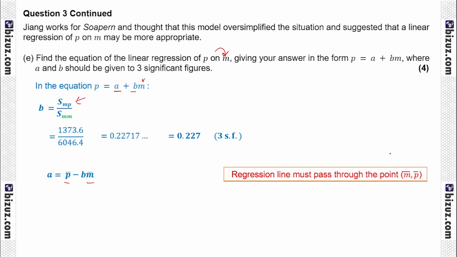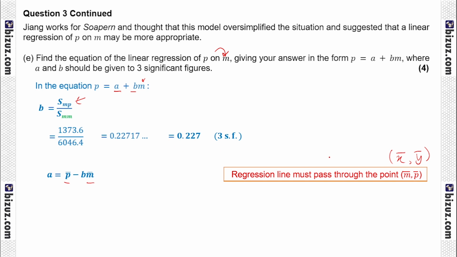So basically the mean of your independent variable, suppose if it were X, it would be X bar, and the mean of your dependent variable, suppose if it were Y, it would be Y bar. Here it's M and P, so it's M bar comma P bar. So the regression line must pass through this point.